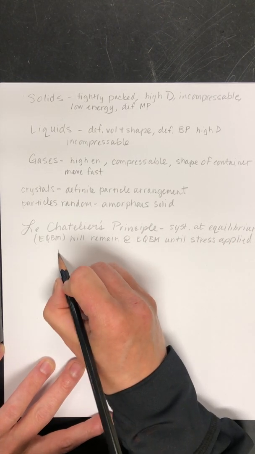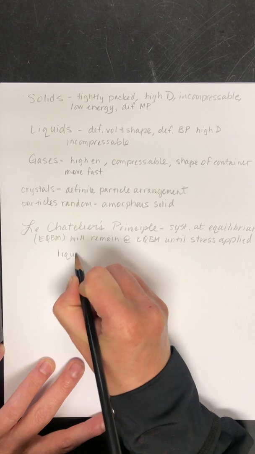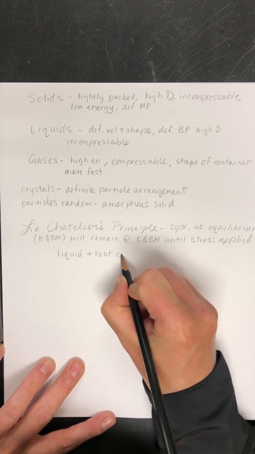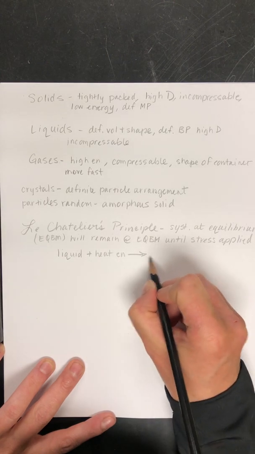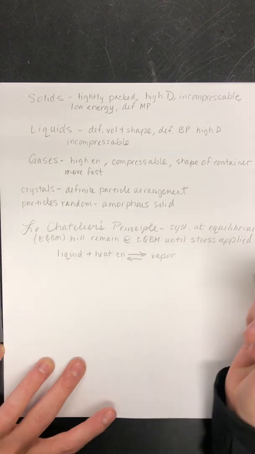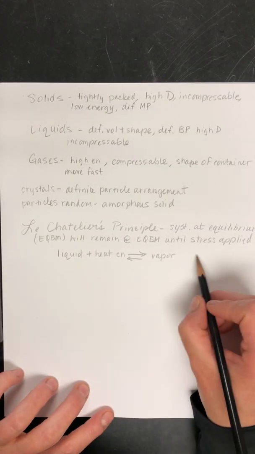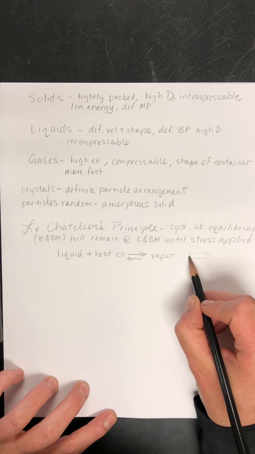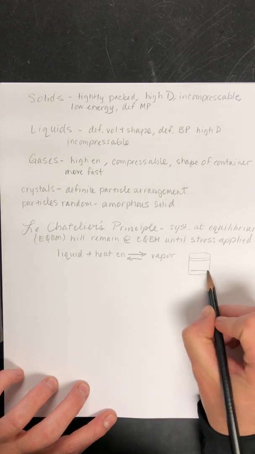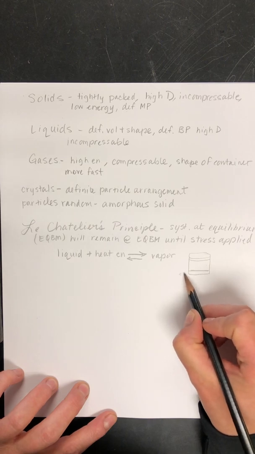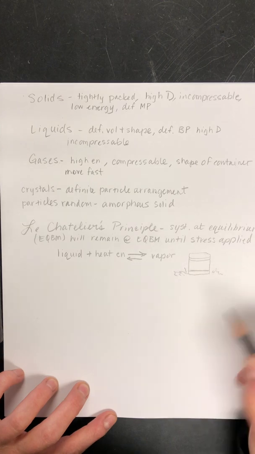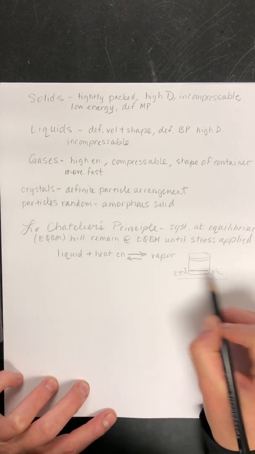So the most common one that they use for this is just the equation liquid plus heat energy yields vapor. So if this is in a closed container, like a jar with the lid on it, and we have some liquid, and I'm just drawing little flames, though it's not going to have that much heat applied, just to know that there's heat.